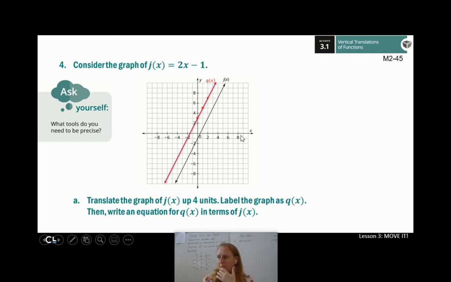Now, we said to get q of x, we took j of x and we pushed it up 4, which means, guys, we added 4 to j of x. Look at that. And you just wrote the equation for q of x in terms of j of x.